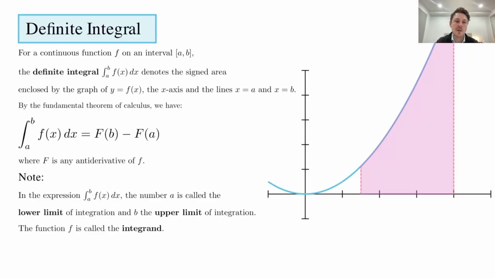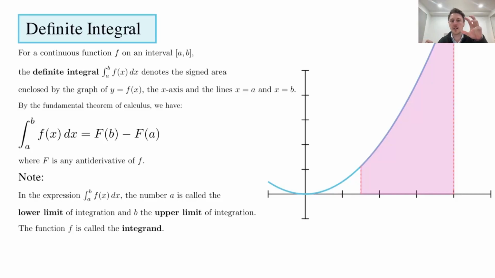I'll just point out as well, we're finding what's called a signed area, because areas above the x-axis are considered positive, areas below the x-axis are considered negative. So when we say the signed area, you could imagine a function where you've got some area above the x-axis and some below, and they're going to cancel each other out to the extent that there's a positive amount equal to a negative amount.